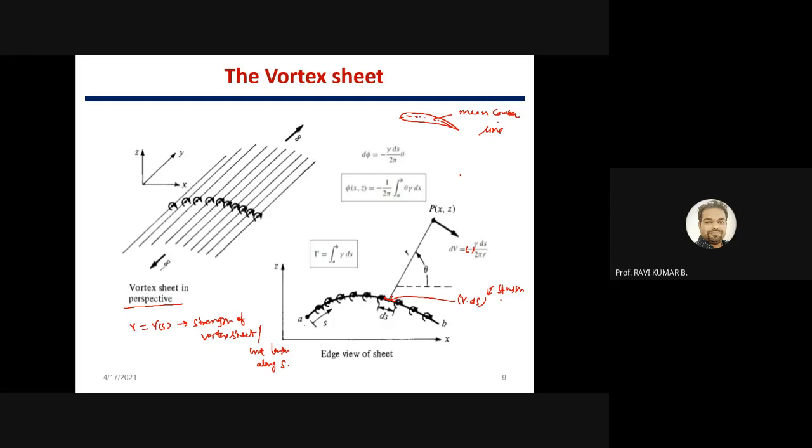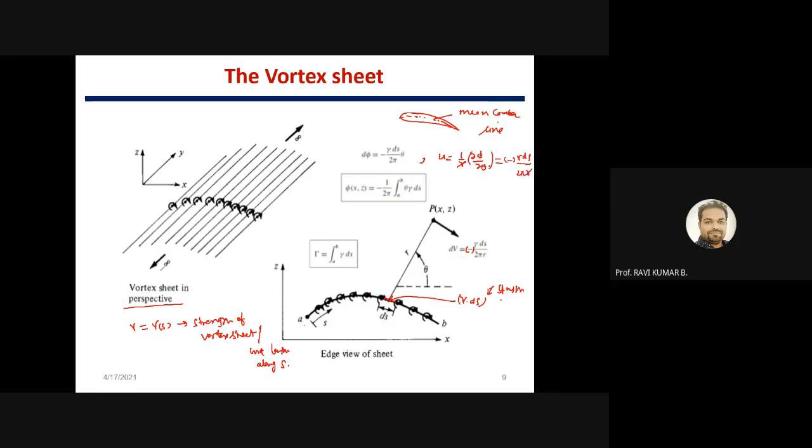Like u r equal to dou phi by dou r. Similarly, for phi there is also a relation, that is u theta equal to 1 upon r dou phi by dou theta. If you put in this value, that is minus gamma ds divided by 2 pi r, r and r will cancel out.